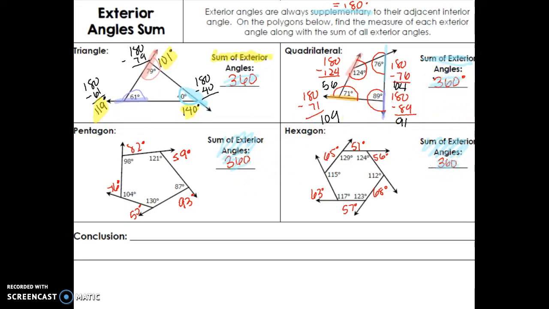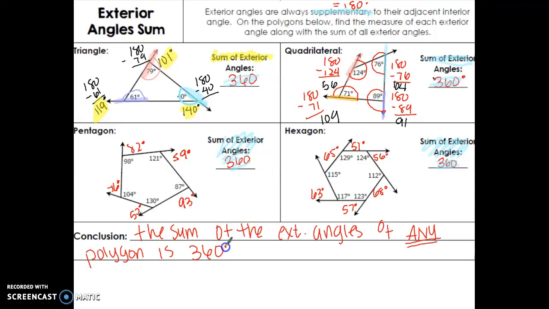What that means is, in conclusion, the sum of the exterior angles of any polygon is 360 degrees, no matter how many sides it has.